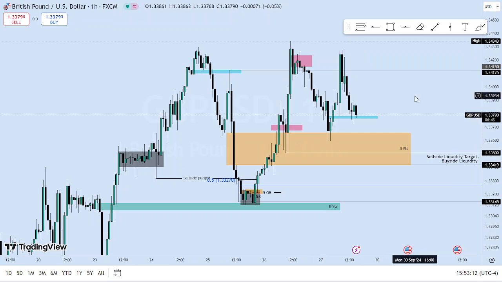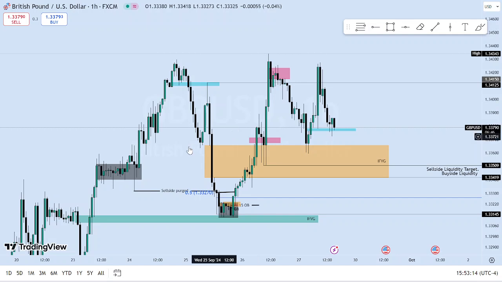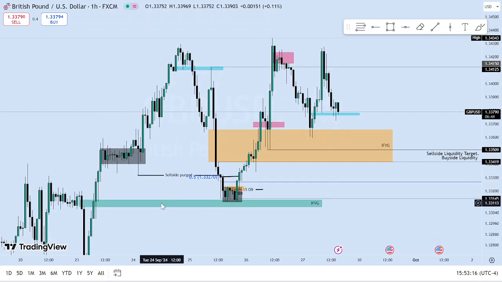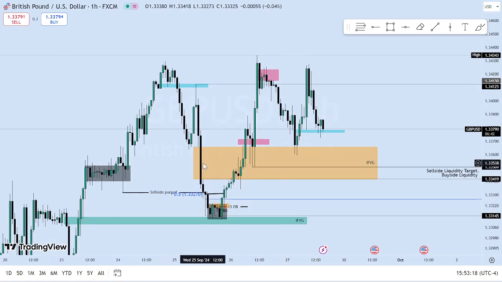Okay, yeah. So this is an inversion fair value gap. Then here is another inversion fair value gap between this candle low and this candle high. It's an inversion fair value gap. We violated it.